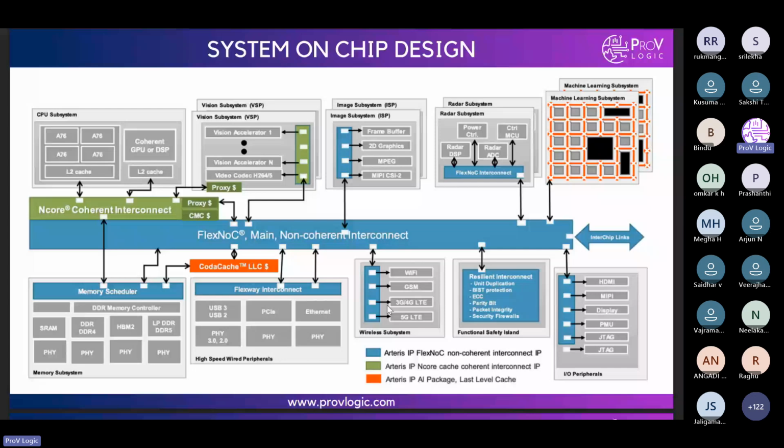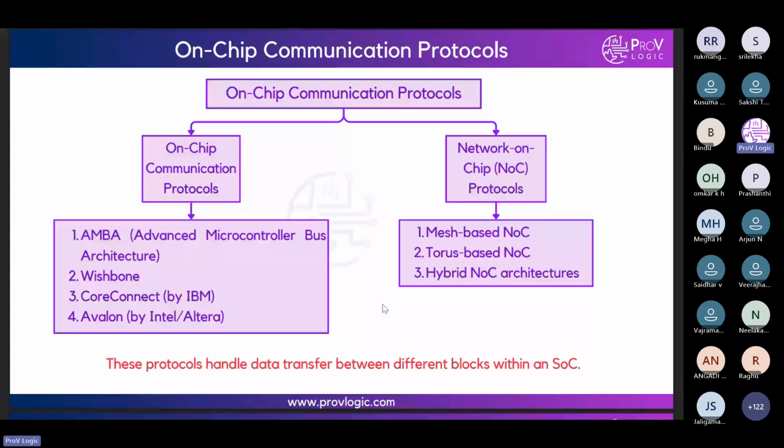Here, in coherent or non-coherent, the bus protocols are AMBA, which means APB, AHB, AXI protocols. On the higher, high-frequency side, we use the AXI protocol. On the lower-frequency IO peripheral side, we use the APB protocol.